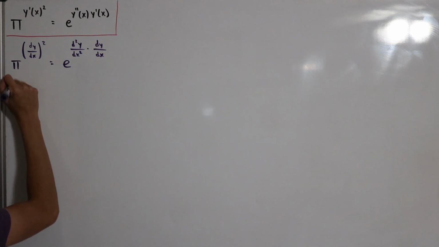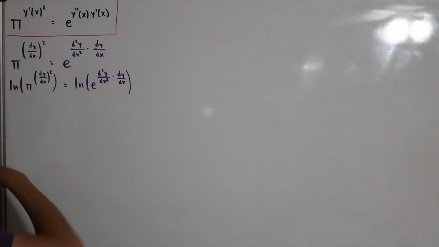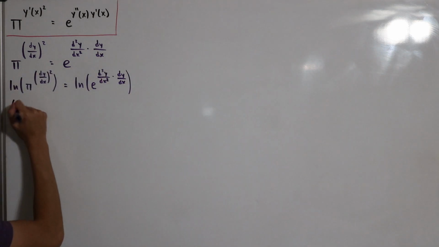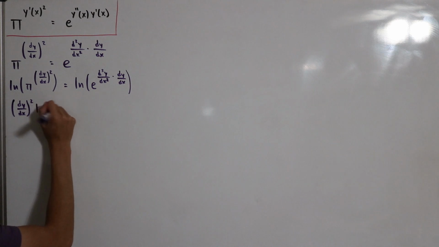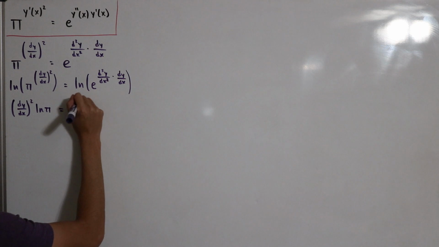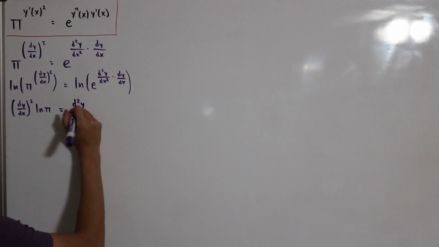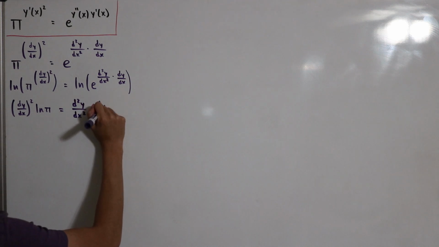So then here I'll write this out in full first. And then of course, as mentioned, the exponents go out to the front, so we have (dy dx) squared multiplied by ln of pi, and this is just equal to, so the ln of e is just 1, so we have the second derivative, multiplied with dy dx.